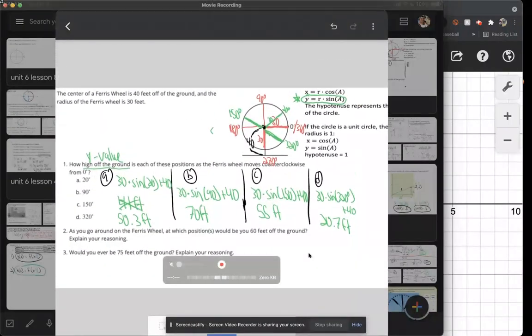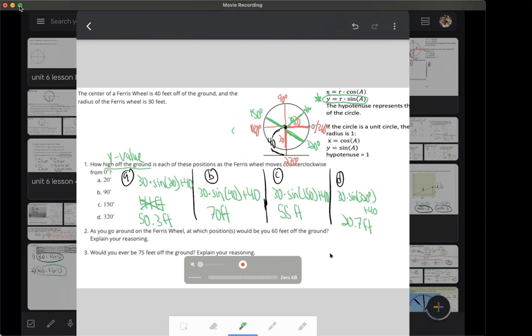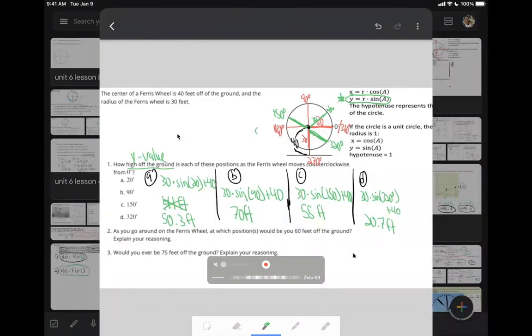Let's take a look at number 2. As you go around the Ferris wheel, at which positions would you, that's a typo, at which positions would you be 60 feet above ground? So, at which point would you be 60 feet above ground?